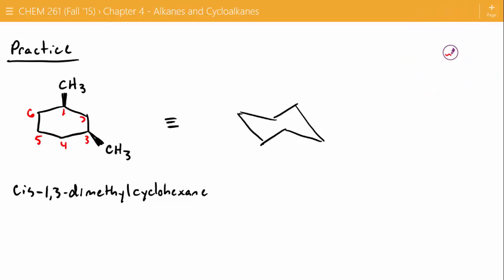I'm going to say, all right, this is 1, 2, 3, 4, 5, 6. All right, the methyl group coming off of carbon 1, is that going to be axial, sticking straight up and down, or equatorial? Axial. So we'll stick this one straight up and down. We got CH3. That means the assumed hydrogen there must be equatorial, right?